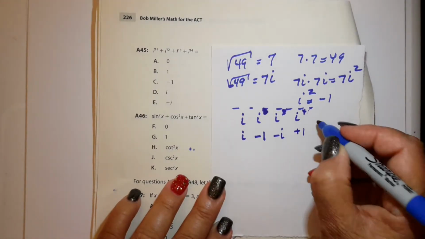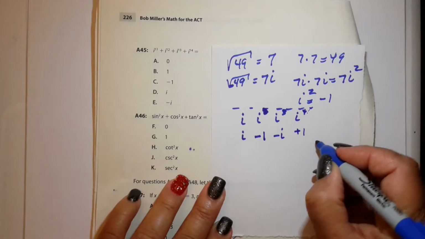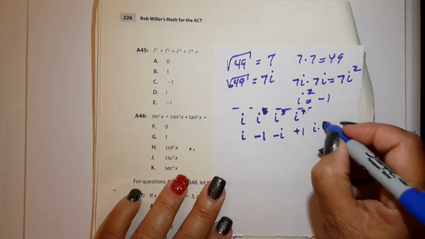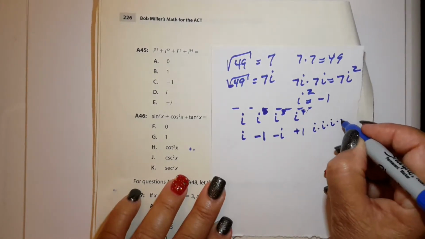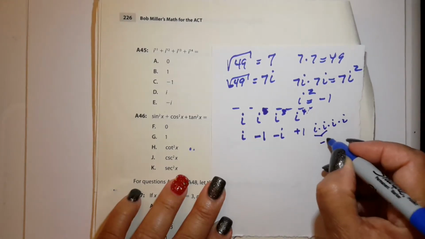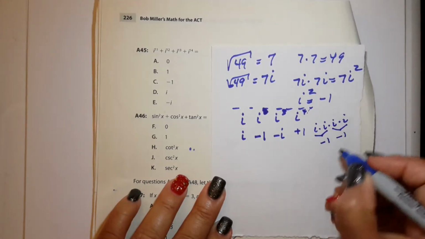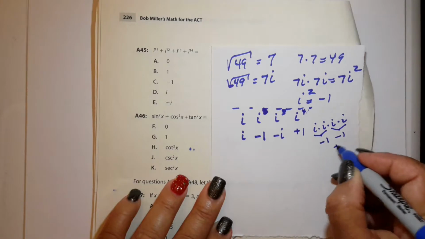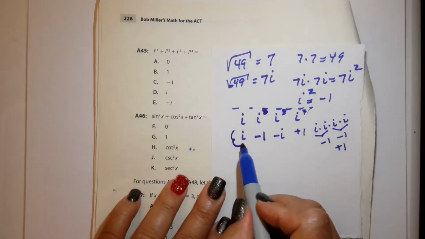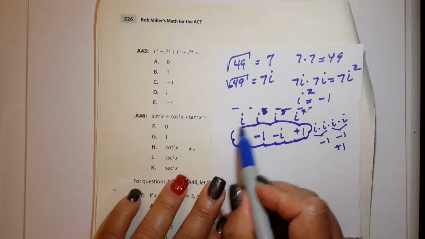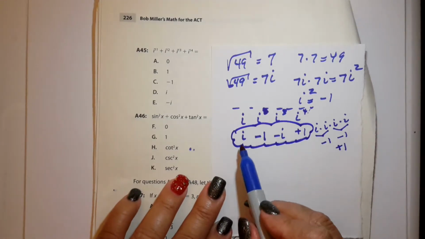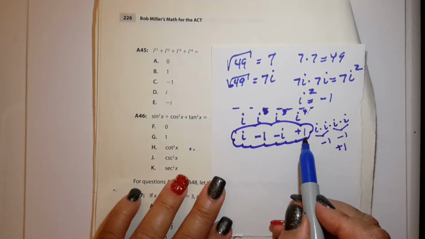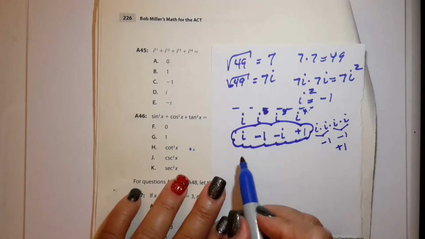Why do I say that i to the fourth power is positive 1? Because i times i is negative 1, and negative 1 times negative 1 is positive 1. So I want you to remember this cycle in the imaginary world: i, negative 1, negative i, and positive 1. So now they're giving you this problem.